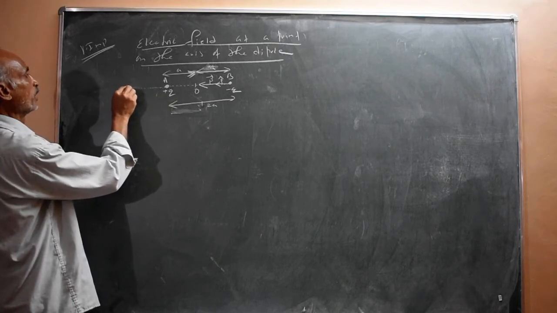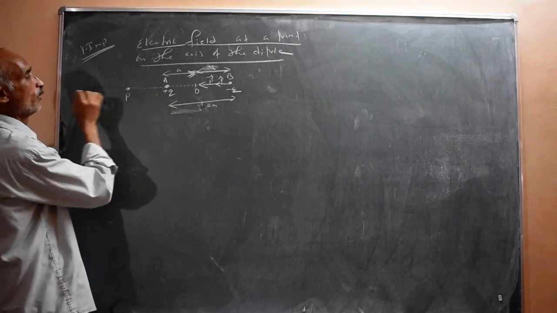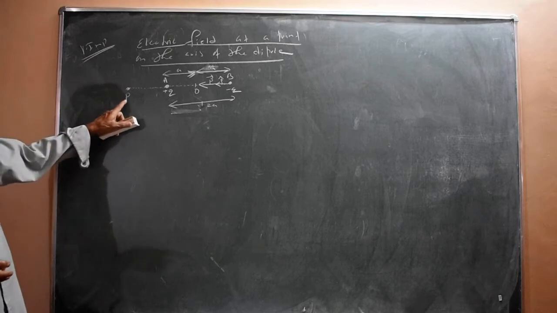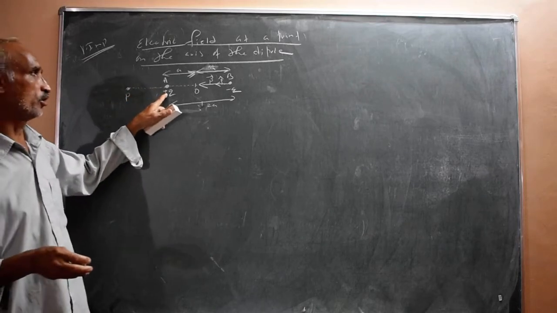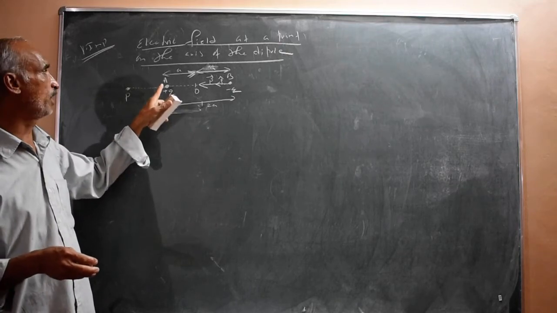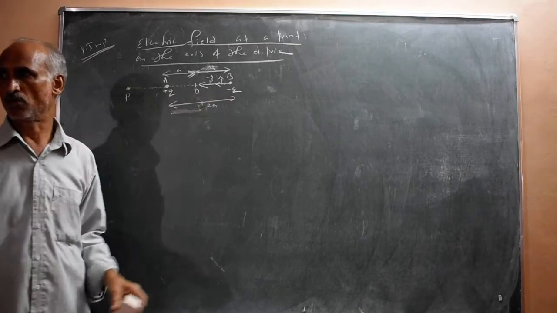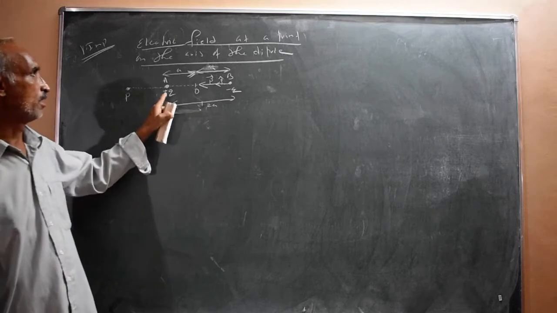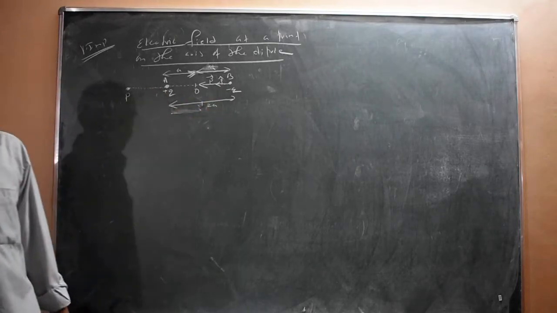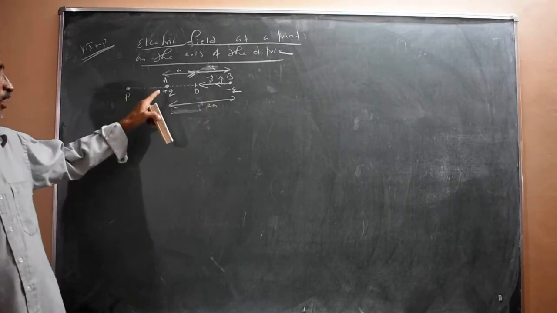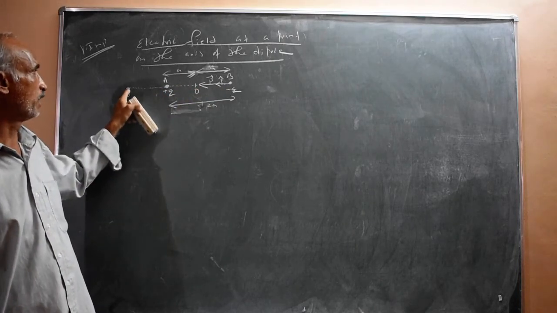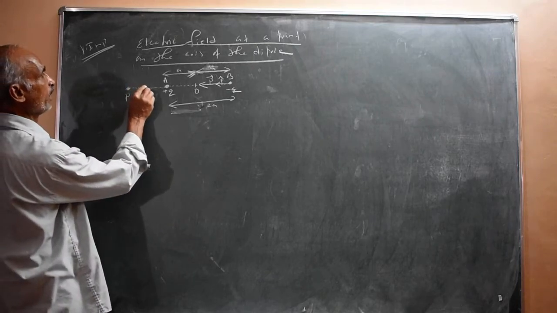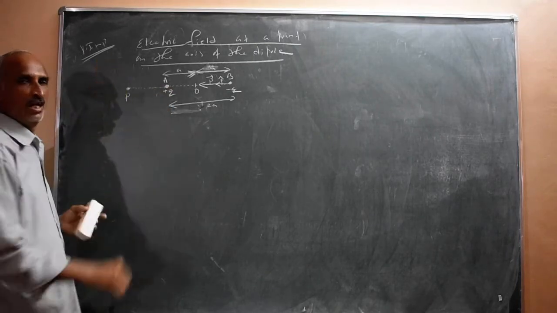So at this point P, I would like to get the field due to this charge configuration of plus q and minus q. What is the field due to this configuration of two charges plus q and minus q? In short, it is the field at the point P, which is on the axis of the dipole.